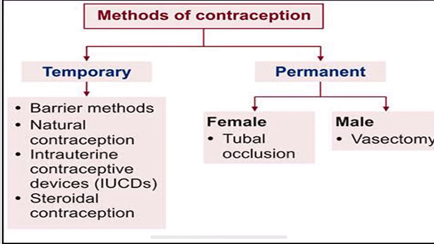Then we have natural contraception, the withdrawal method and so on, which will be discussed in detail in the next slides. Then intrauterine contraceptive devices and steroidal contraception. These are the temporary methods. On the other hand, we have the permanent methods. In females, there is tubal occlusion, and in males, there is vasectomy.